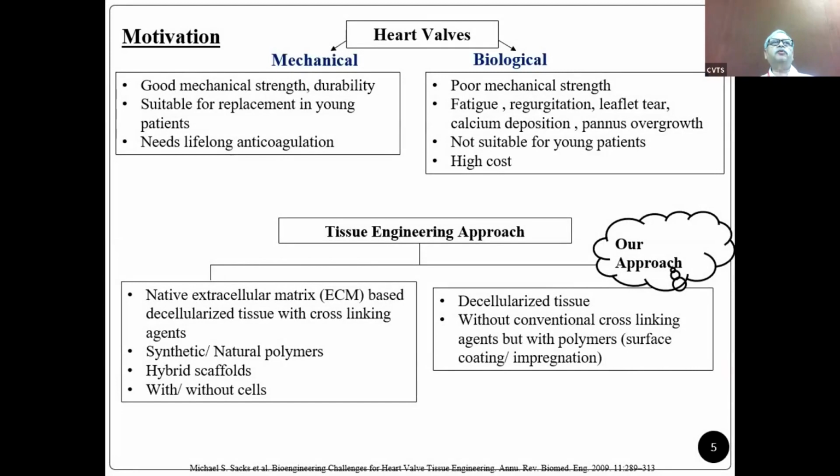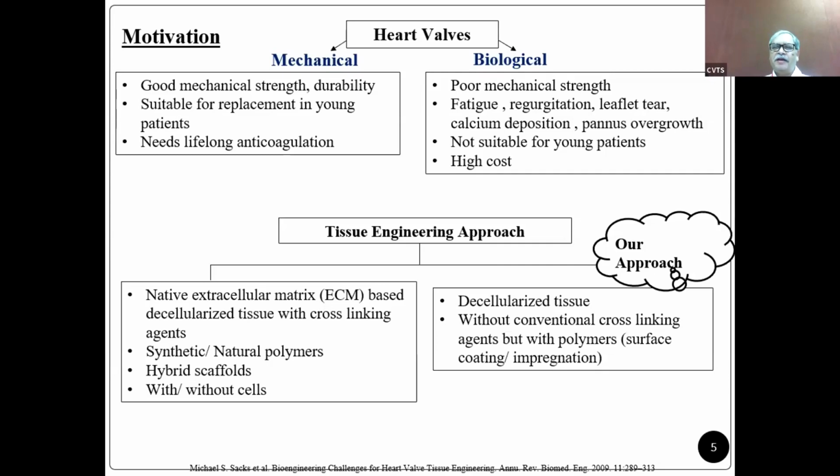So the heart valve has two things, the mechanical properties and the biological properties. Motivation comes in by understanding both properties first. Mechanical valves have good mechanical strength and durability, and are suitable for replacement in young patients, but need lifelong anticoagulation. But in the morning I heard that people don't use anticoagulation also, so that's one thing which I learned now in this meeting.